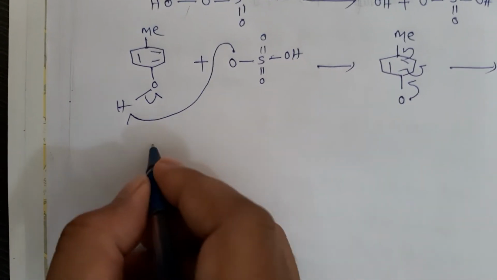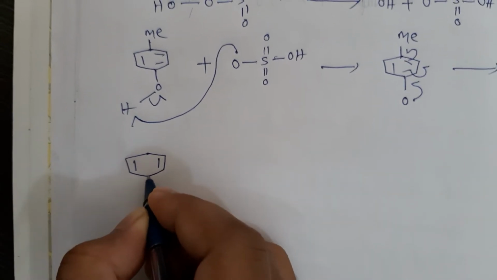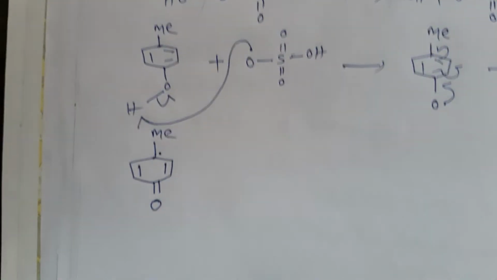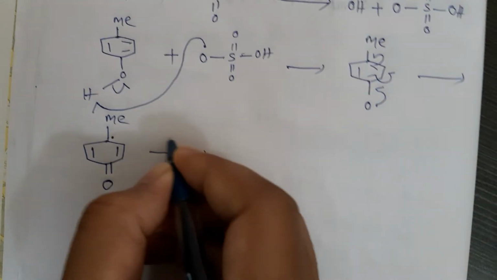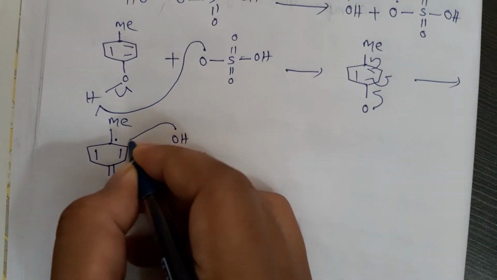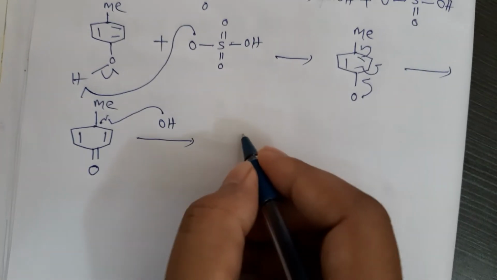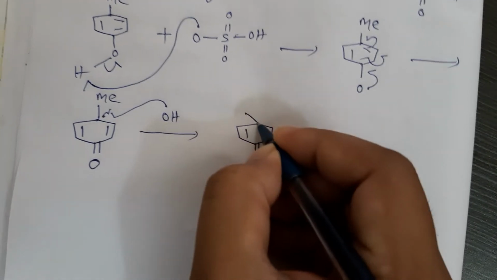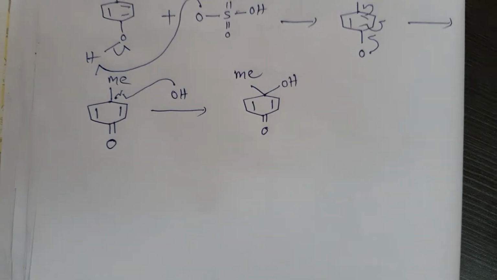What is formed is this, here double bond O, here the methyl group, and here this radical. Now OH radical is present in the medium. The OH radical comes to that radical carbon to form a bond. Double bond O, this is OH and this is methyl. This is dienone. We got the dienone.